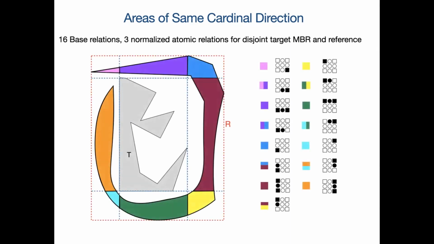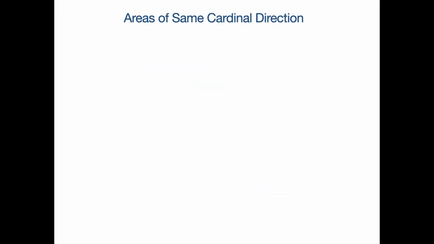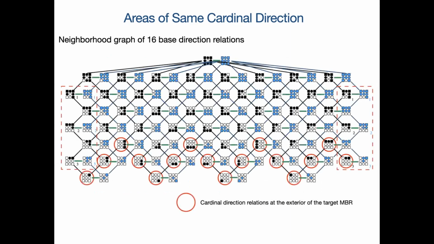So you could easily identify these things as we are minimizing the finite sets. And in the neighboring graph, how these 16 relations are connected in the neighboring graph, that's important, and how these connections are happening.